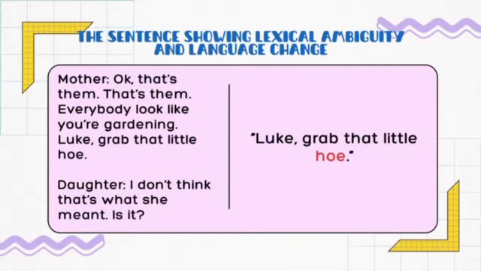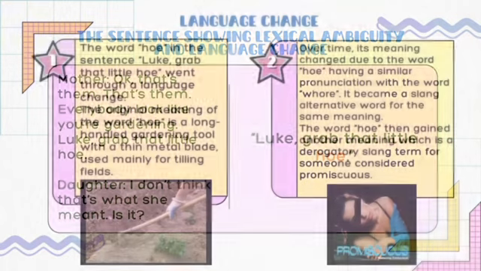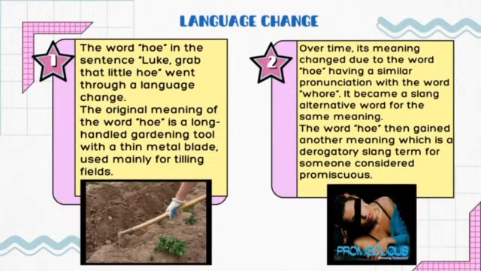The sentence that shows lexical ambiguity and language change from the video is, Luke, grab that little hoe. The word hoe in this sentence went through a language change. The original meaning of the word hoe is a long-handled gardening tool with a thin metal blade, used mainly for tilling fields.